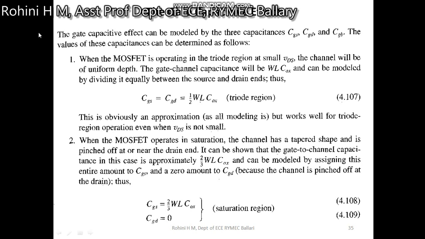So the gate channel capacitance will be WLCOX, and it can be modeled by dividing it equally between the source and drain. When it is of uniform depth, CGS and CGD are equal, so that is 1/2.